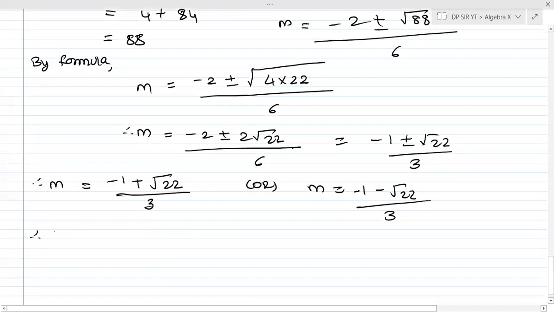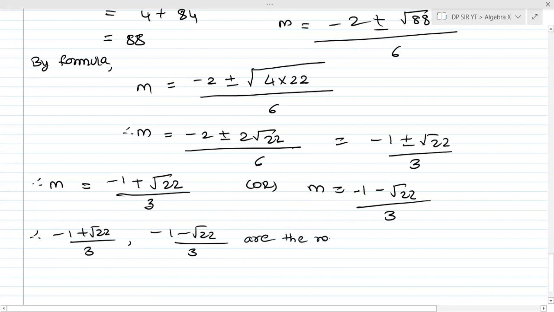Therefore, -1 plus root 22/3, comma, -1 minus root 22/3 are the roots of given quadratic equation.